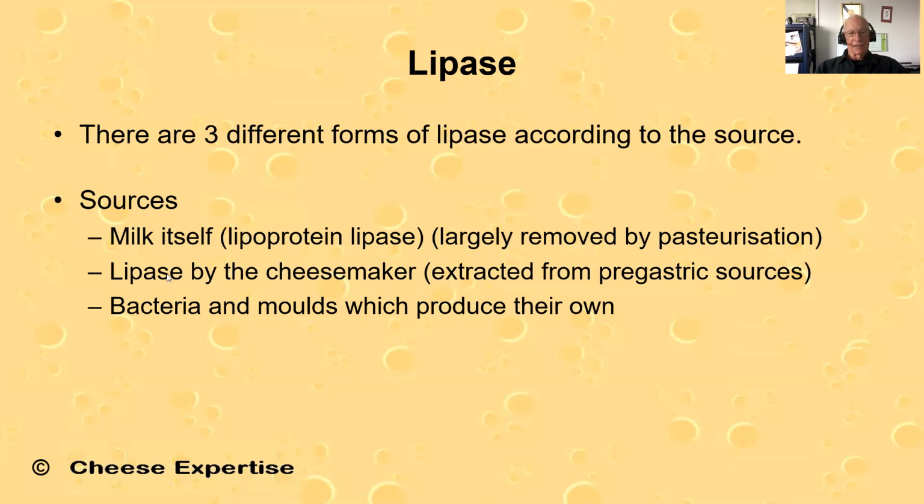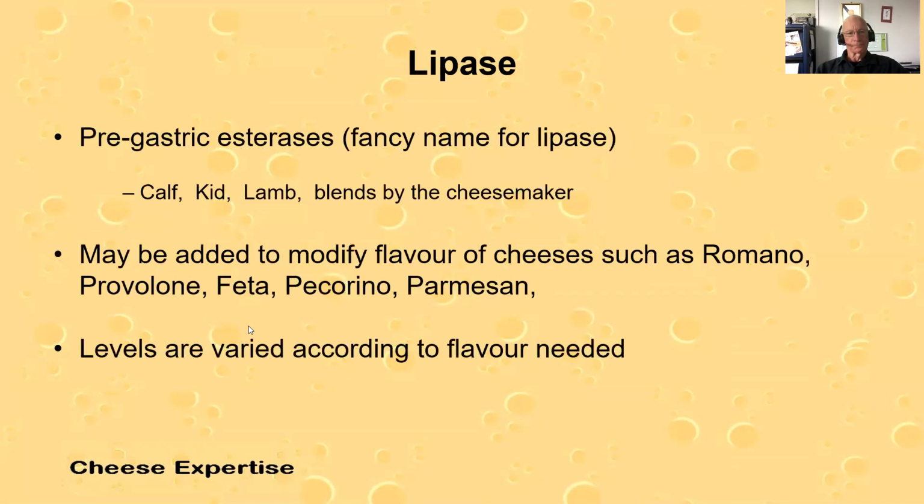Then there are lipases that the cheesemaker can actually add to the milk. These are extracted from pre-gastric sources, and they're called pre-gastric esterases, a fancy name for lipase. And then there are bacteria and molds, which are used in cheese making, which actually produce their own lipase.